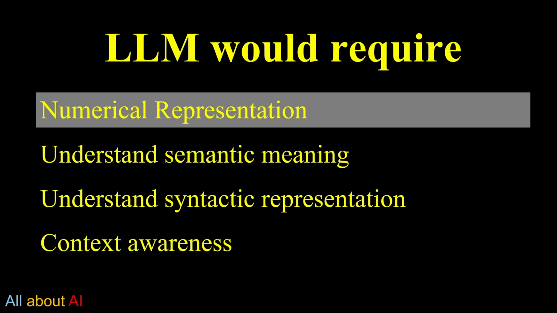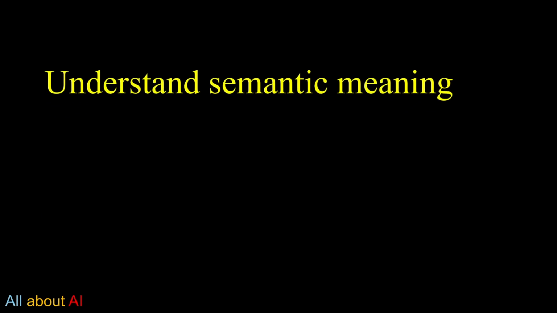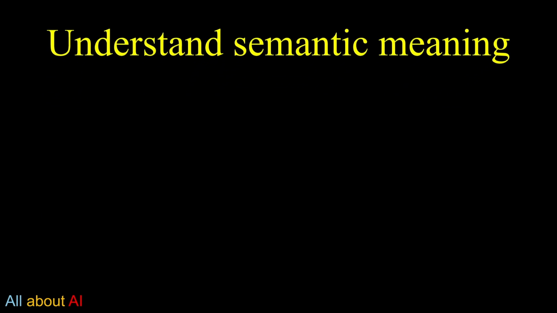Now, in this video, the focus is on how an LLM would understand language. The first thing it requires is numerical representation, and that's where tokenization came into the picture. But tokenization and assigning token ID numbers is not enough, as machines don't understand words like cat or dog directly.